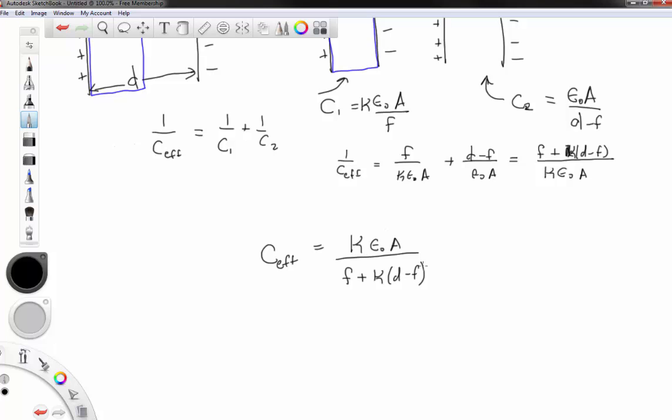And we could compare that to the initial capacitance of this whole capacitor.